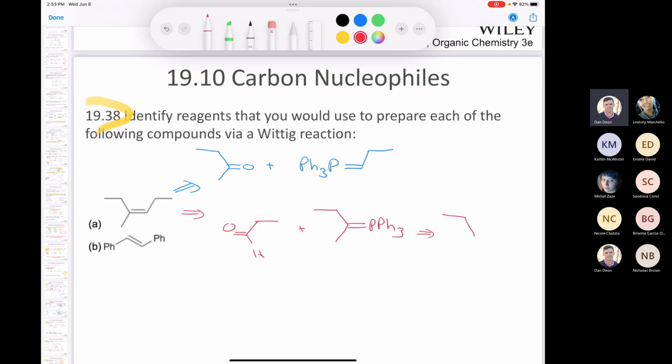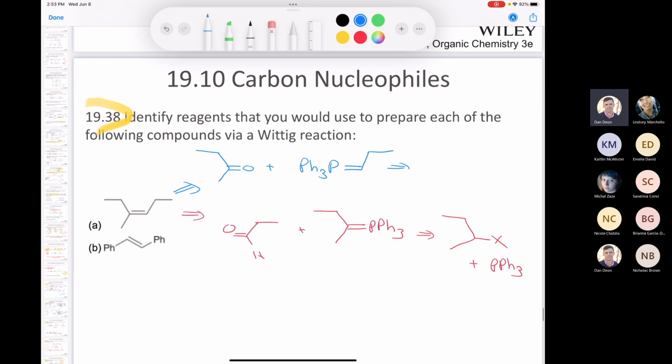Because then you'd have a secondary alkyl halide, X, plus triphenylphosphine. That's not going to be very good for an SN2. Whereas if you had the blue one, then you've got 1, 2, 3, 1-bromopropane plus triphenylphosphine. Nothing wrong with that. That's going to do an SN2 like nobody's business. So this would be the correct route.